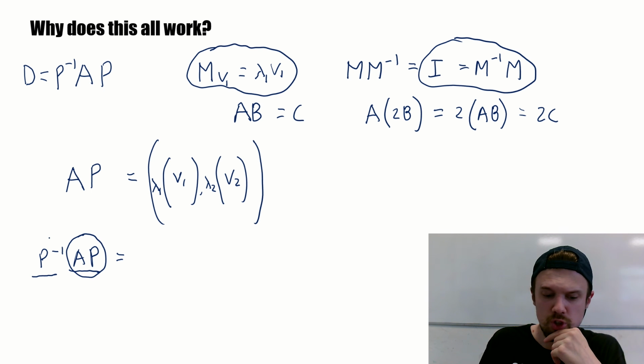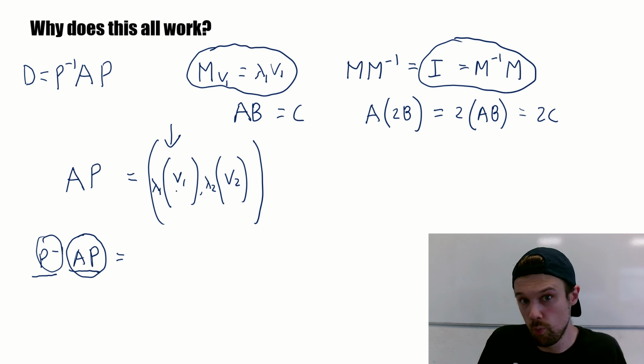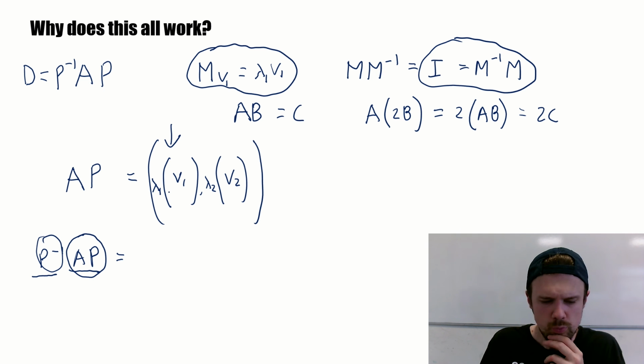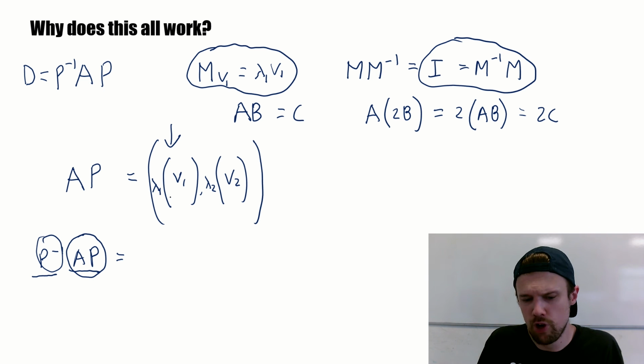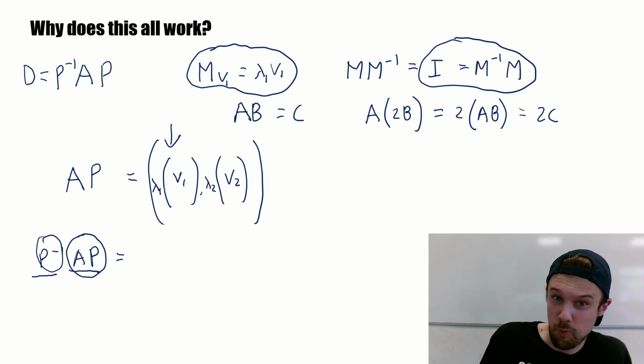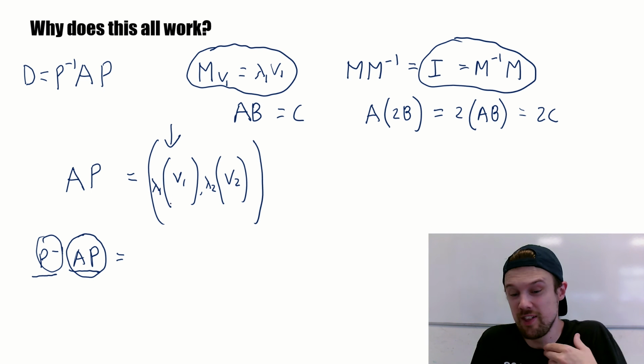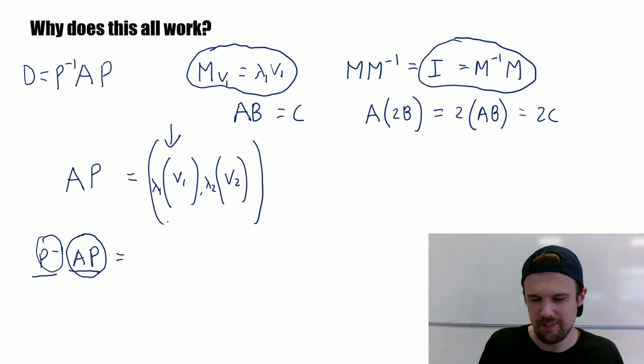So we're just going to be doing the rows of P inverse times by this first column, which is just lambda 1 lots of V1, which means it's effectively the same as doing lambda 1 lots of P inverse times by that original column that was in P.